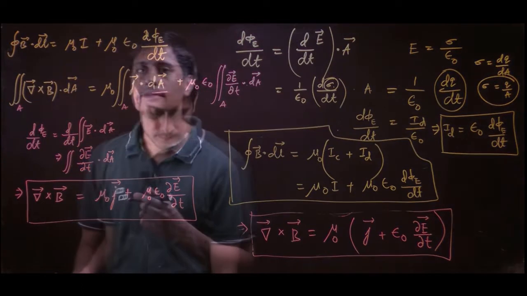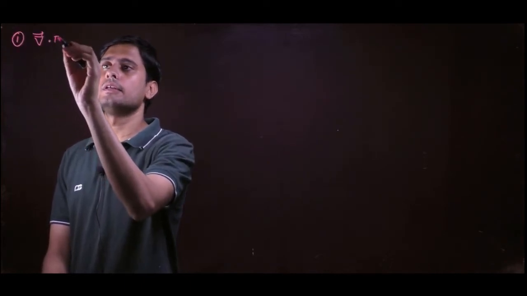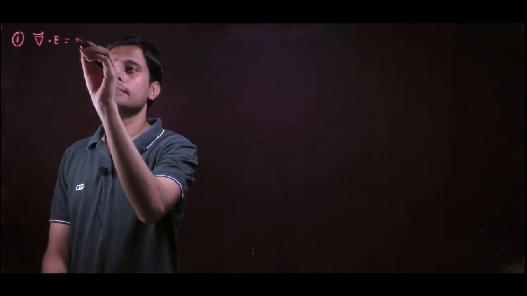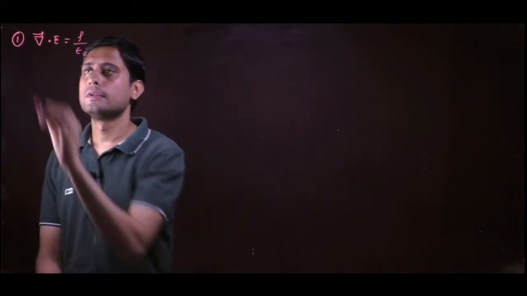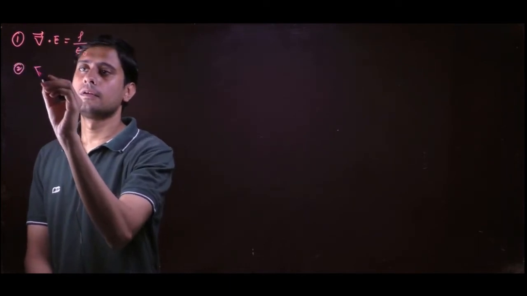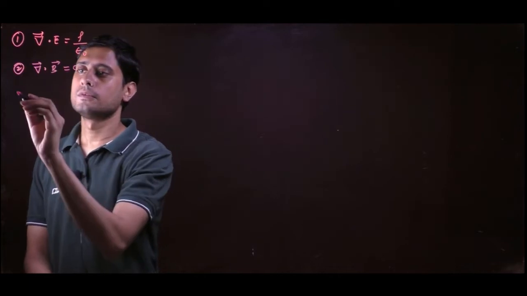So let's see. Before we proceed further, let's write all the four Maxwell equations. First is del dot E equals rho upon epsilon naught. Second is del dot B equals 0.